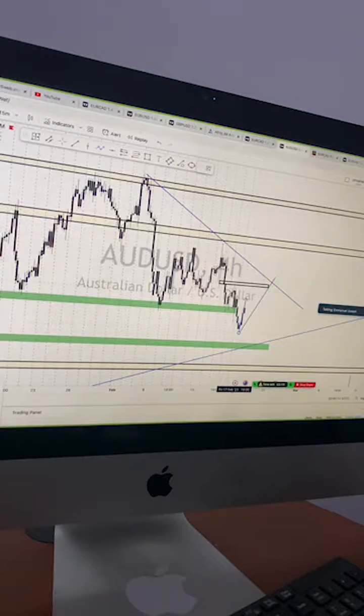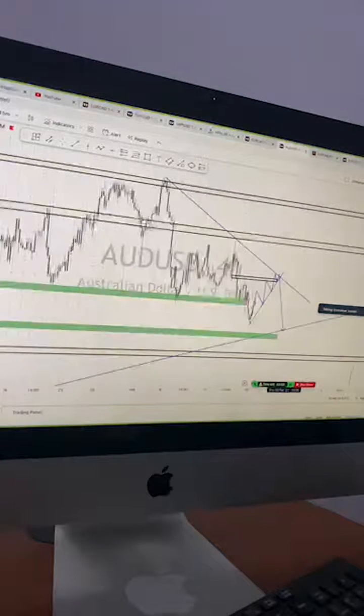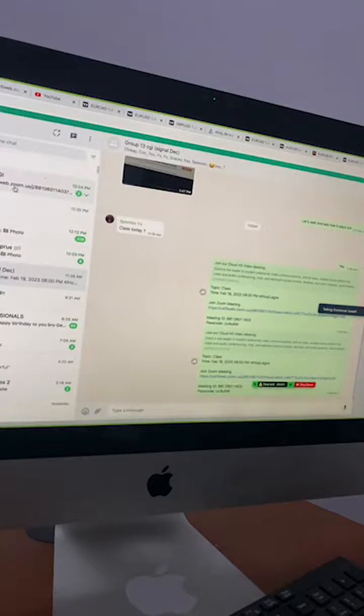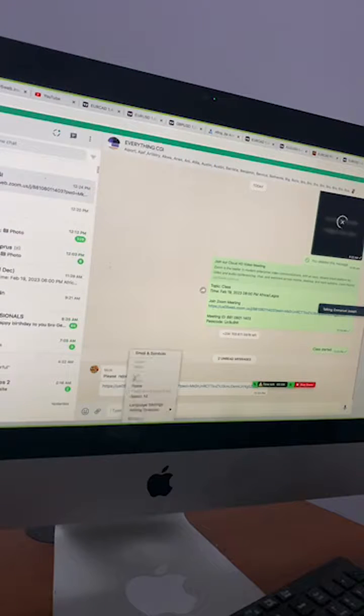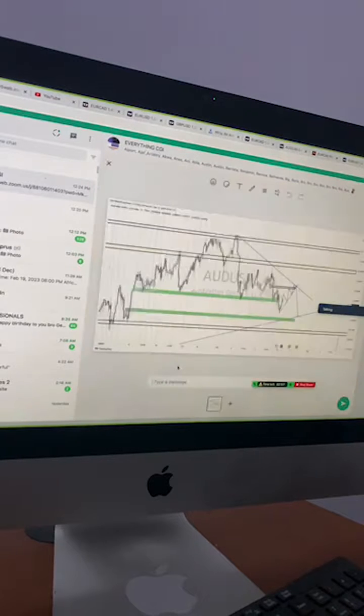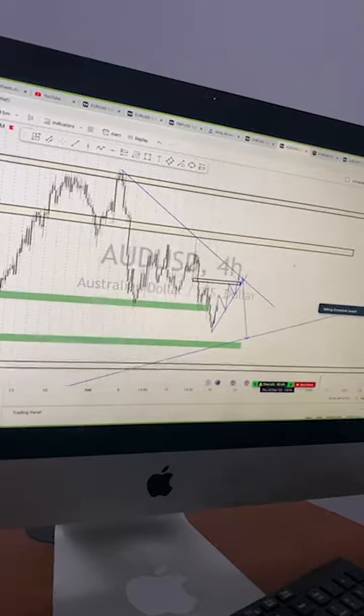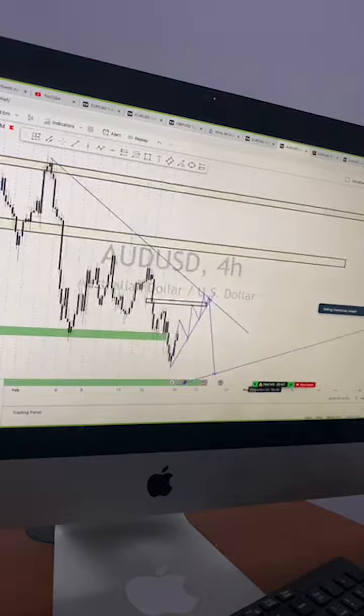So price touches, goes up, comes down, touches here, comes down, high of the day, and we sell. So that's something we can quickly do. I'll post it on our group. So that's AUD USD. That's my bias for AUD USD.